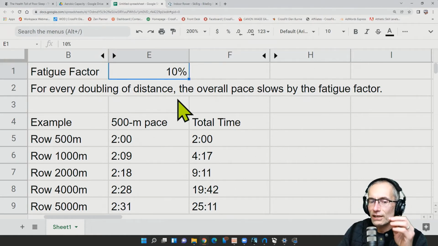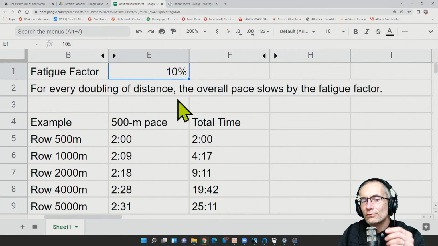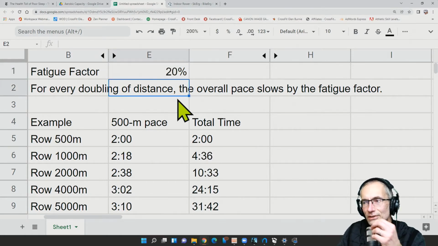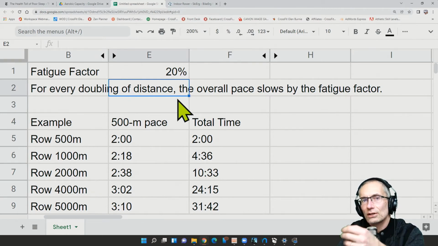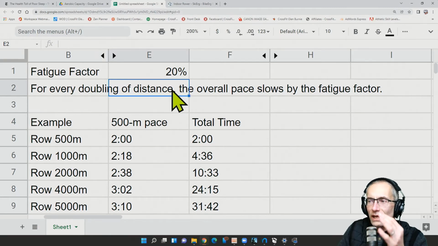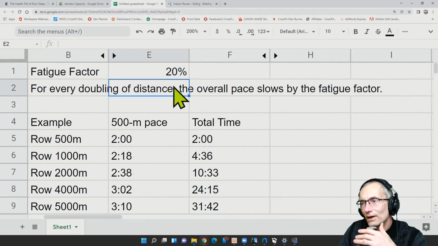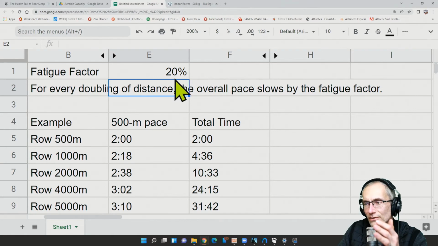But if you're a CrossFit athlete, the right number is probably closer to 20%. The reason is that CrossFitters tend to have a stronger glycolytic energy system, so they're better at the sprinty kind of events, the shorter distances, than they are at the longer distances. So any number between 10, 20, 25, even 30% you could enter in here.